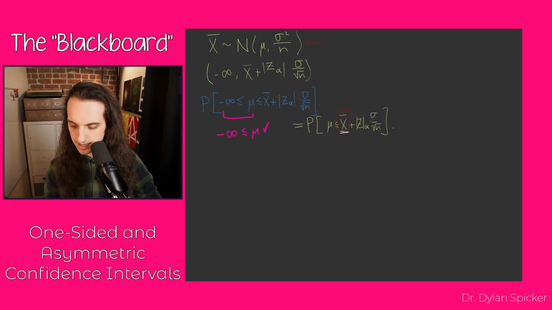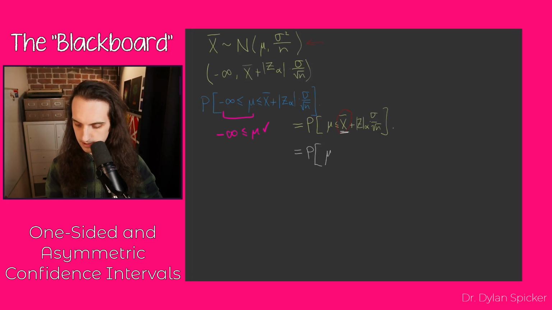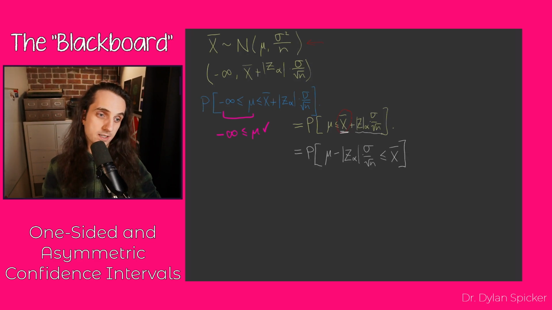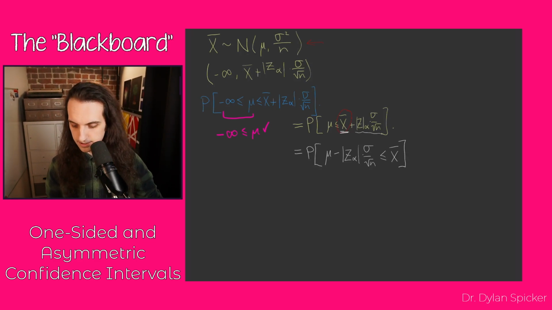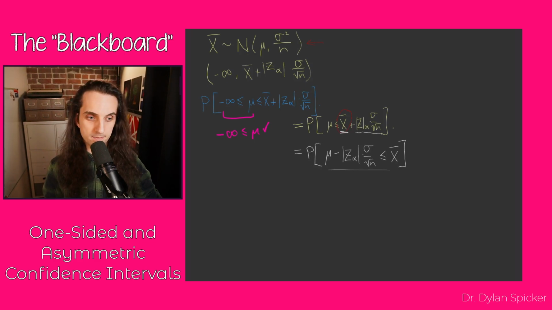And because of that, we can rewrite this where we say mu minus z alpha sigma over the square root of n is less than or equal to x bar. Okay, and so this is now a probability that we can actually think about.